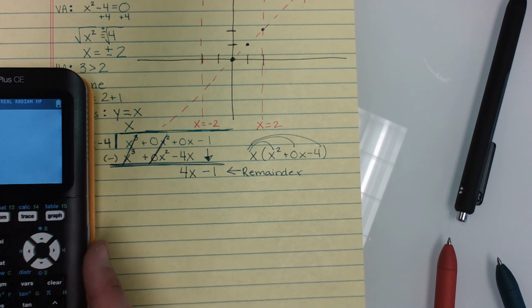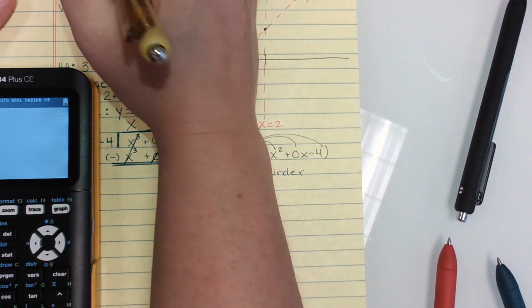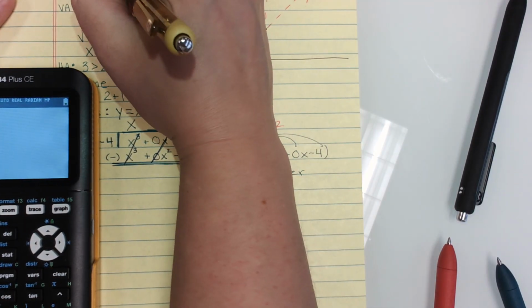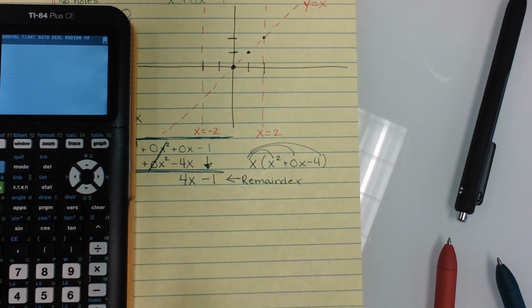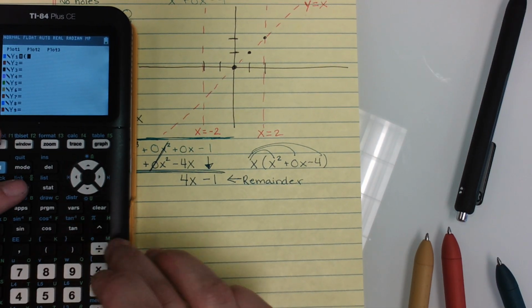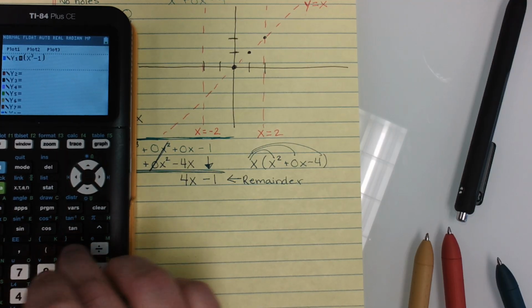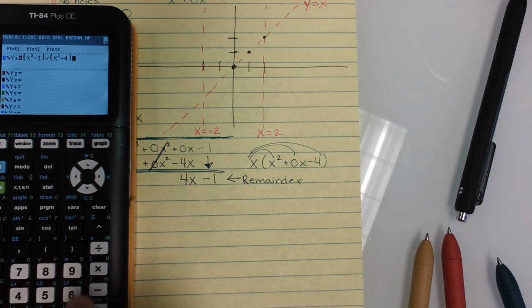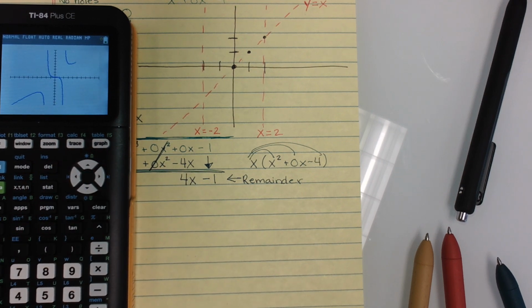Once you have that, you can go to your calculator and graph. My graph appears to have 3 distinct parts. Does that make sense with 2 vertical asymptotes? 2 vertical asymptotes, part over here, part over here, part over here.